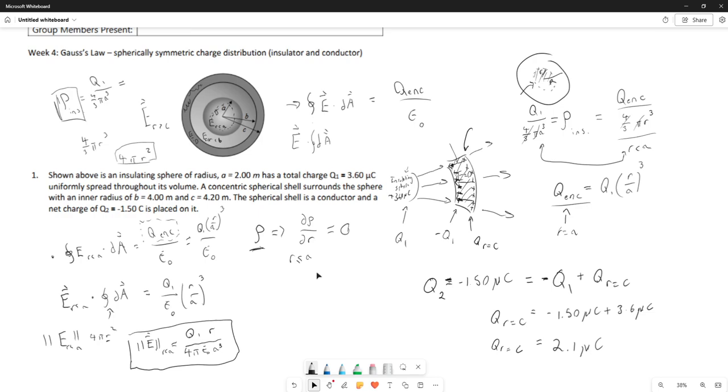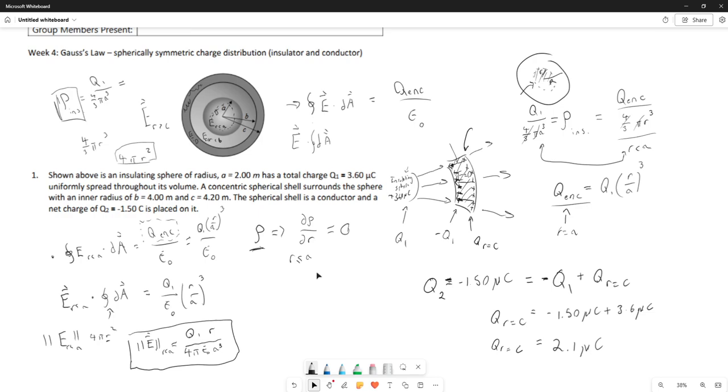And for that, your Gauss surface will again be a spherical surface, and so you'll be able to apply the same trick of pulling the E field out of the integral on the left-hand side.